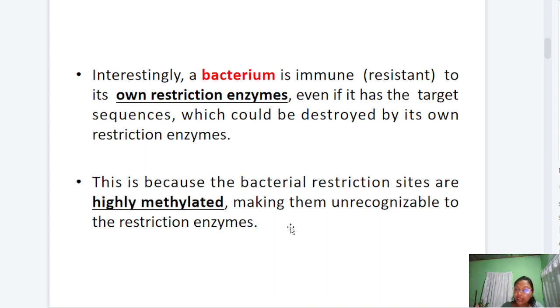But why is it incapable of doing that? It is because the bacterial genome is highly methylated, unlike any extracellular DNA that enters the bacterial cell. Okay.